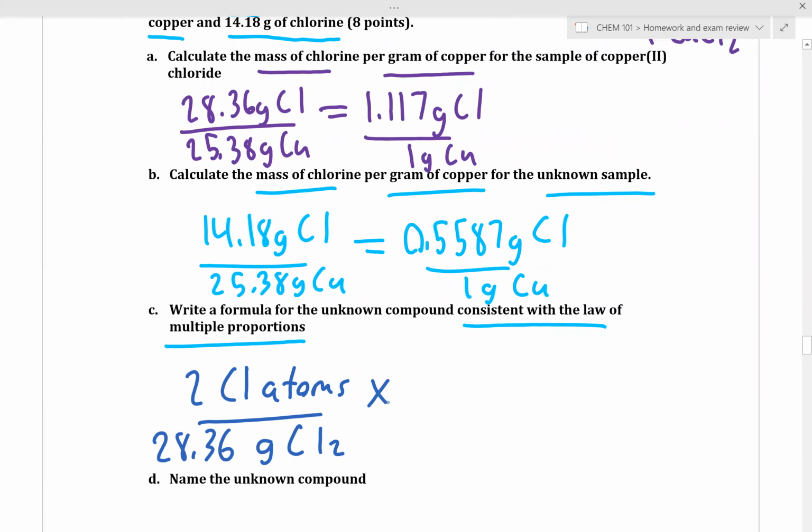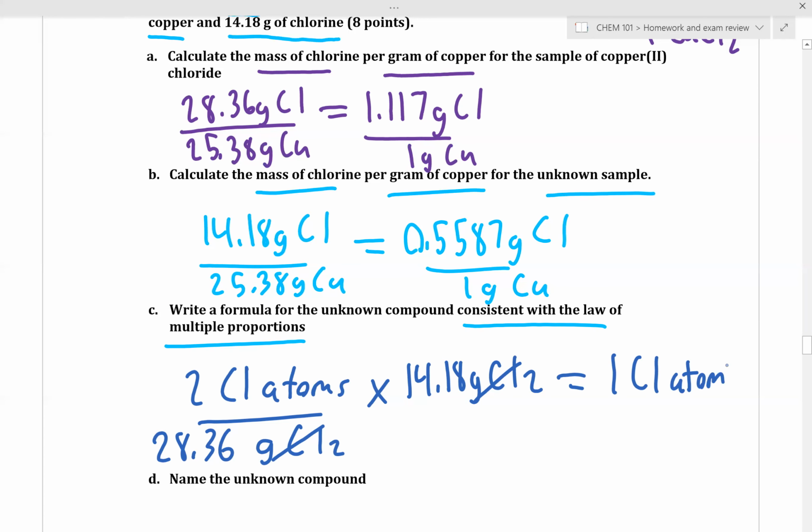Now, in our second compound, how many grams of chlorine are found in our second compound? Yep, 14.18. Okay, the grams of chlorine cancel, and so we have 2 divided by 28.36 times 14.18, and that just gives us 1 chlorine atom.